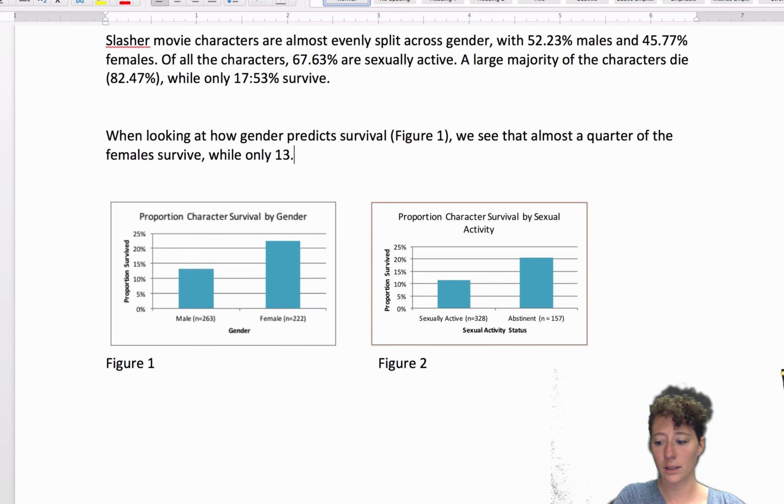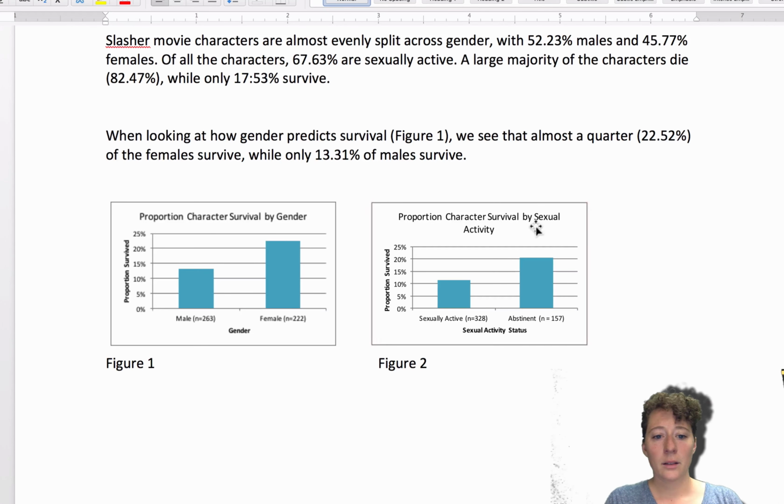Only 13.31% of males survive. And we want to put the actual number in there for them. Almost a quarter, specifically 22.52%. So that sums up our interpretation of how gender predicts survival.